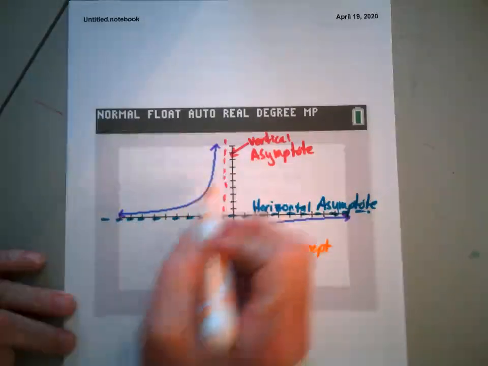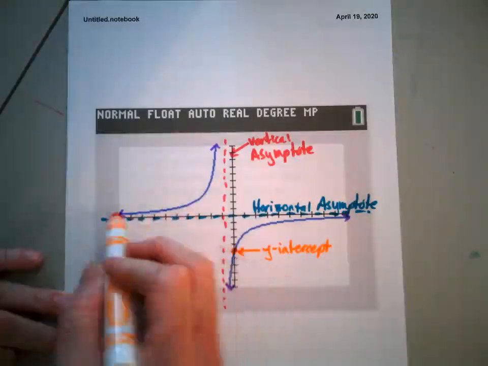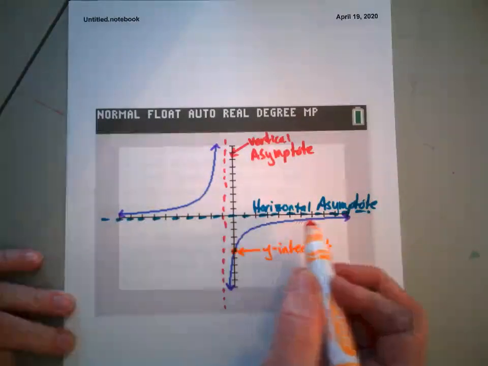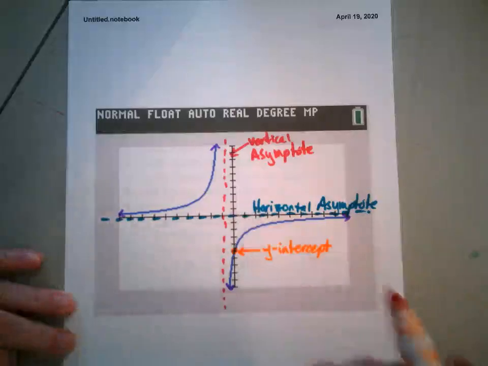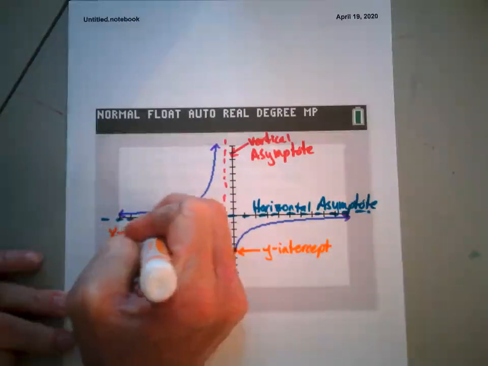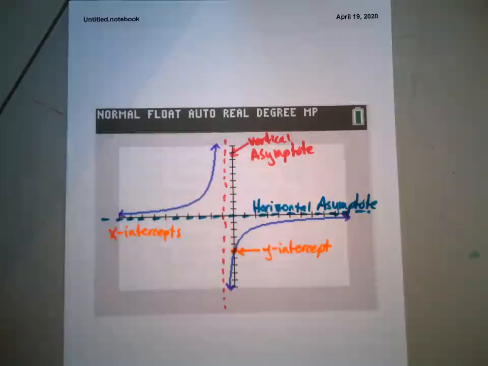If you look at this blue graph, you'll notice that the blue graph doesn't ever touch the x-axis. No x-intercepts along this graph. But x-intercepts are something that we will be looking at as well today. Looking for the x-intercepts of this graph, as well as something called a hole.